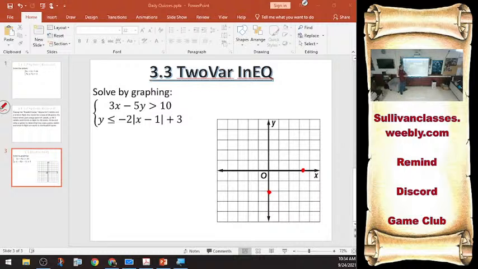Or if you choose, you can turn that into y = (3/5)x - 2. But you'd have to remember to swap the inequality's direction when you did.